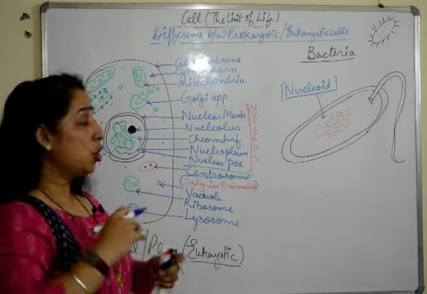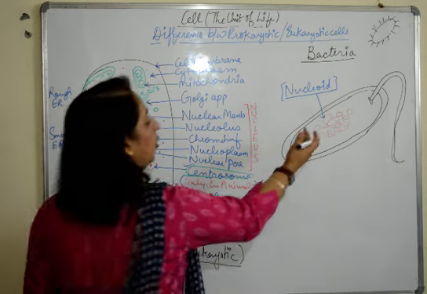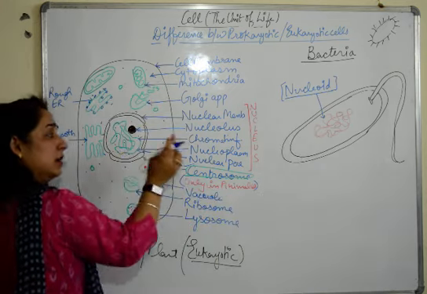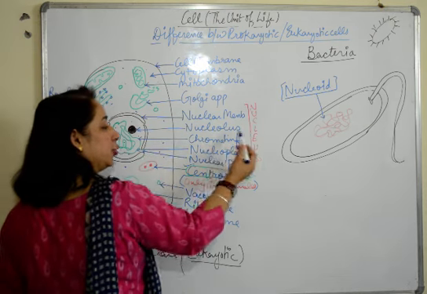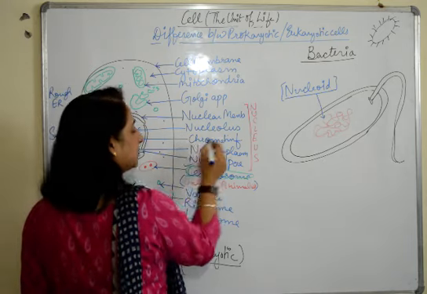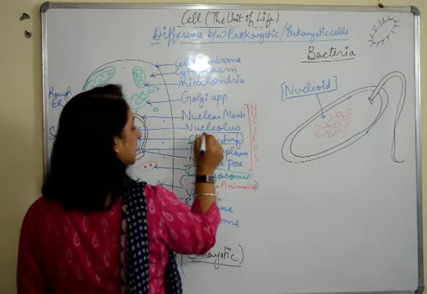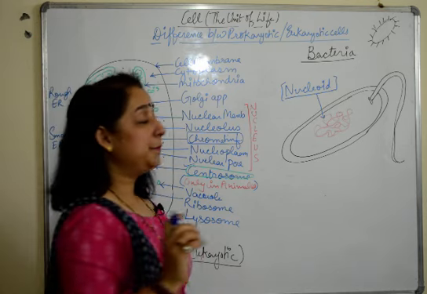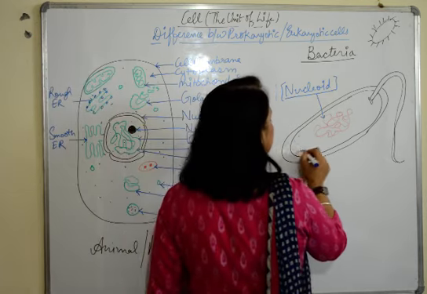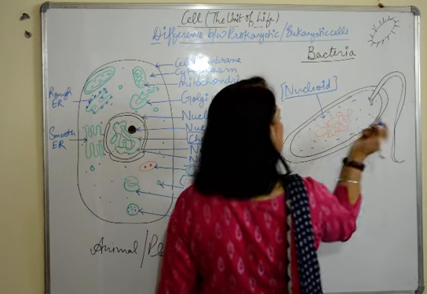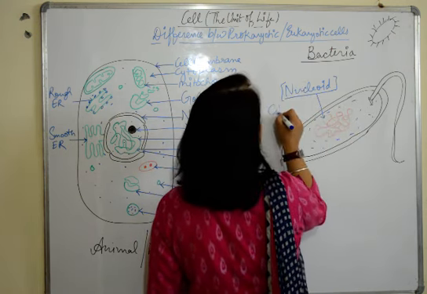Now you see the difference. It just has the genetic material. Here it has, how many layers? Nuclear membrane, nucleolus, nucleoplasm, nuclear pore. But in this case, it just has these, nothing else. So there is no covering.